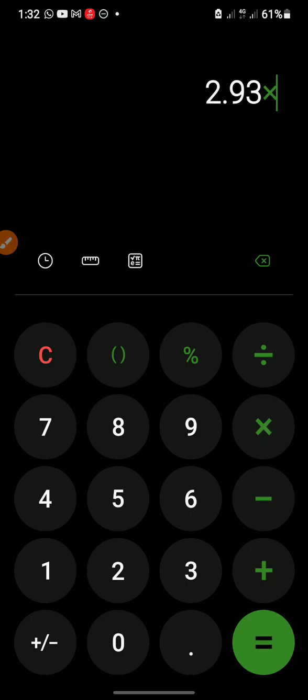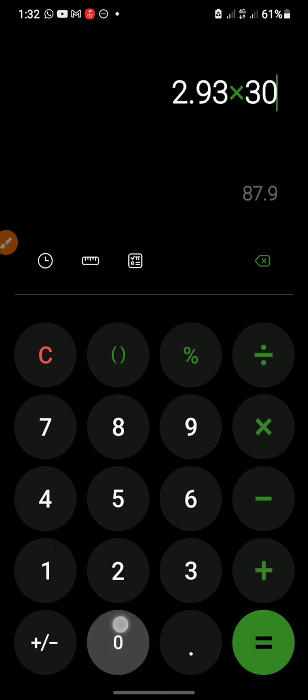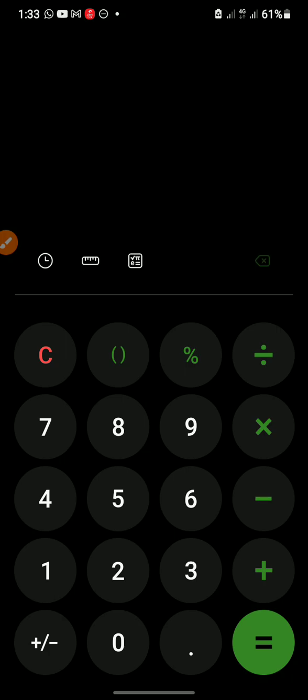The value then was $87.9. Check what she has done when the value of pie is 7.9, remember, times 30.